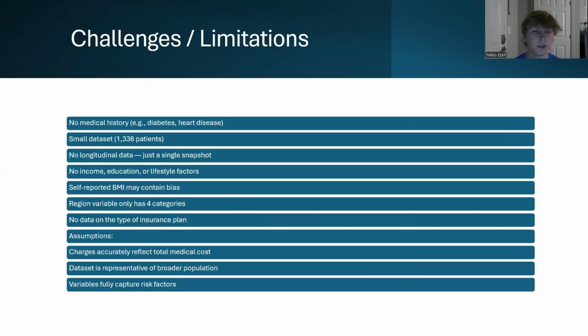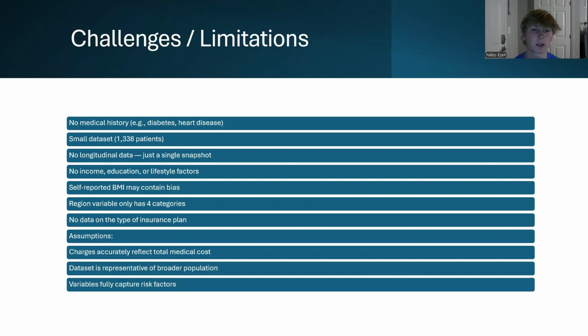And then just some challenges. There's no medical history in these data sets. It's a small data set, only 1,338 patients. No longitudinal data, just one single snapshot. There's no income, education, or lifestyle factors to help determine. The BMI is self-reported, so it may contain bias by giving higher or lower BMI.